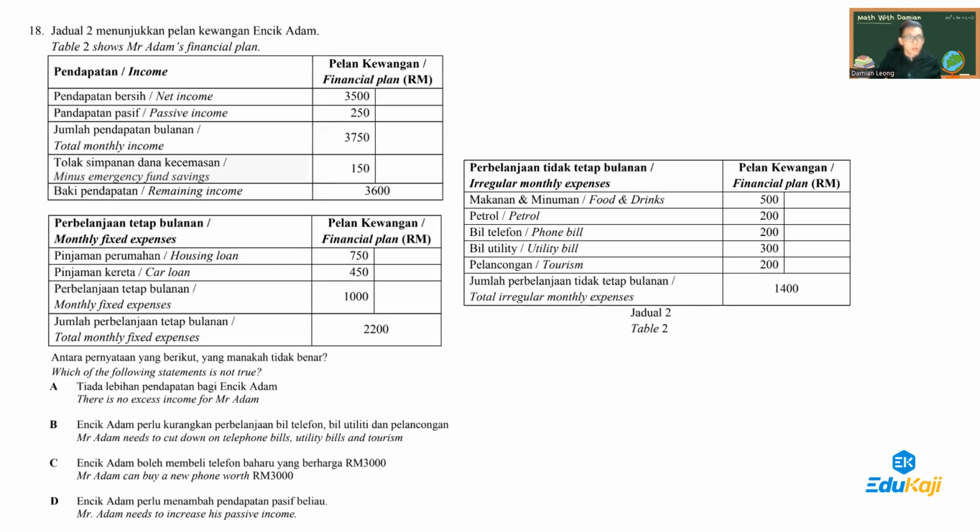Question 18. Which of the following statements is not true? So there is no excess income for Mr. Adam. So I have income, fixed expense, regular expense.